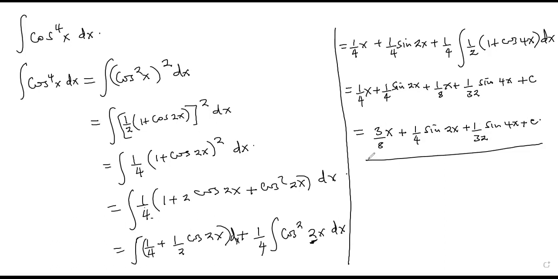Let me do another question on those questions which I've given you, and let me give you some logical one. The integral of cos power 4, 5x dx. This is the same as the integral of cos squared 5x, but everything will be squared again, dx.